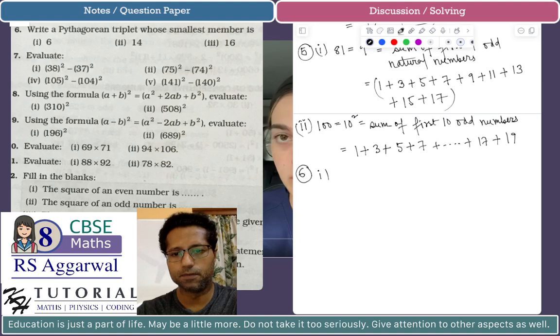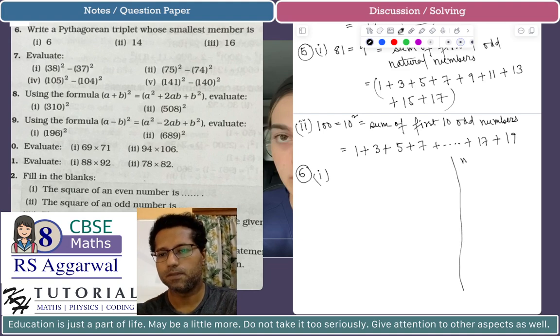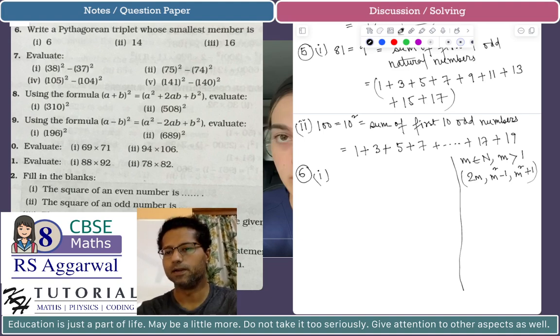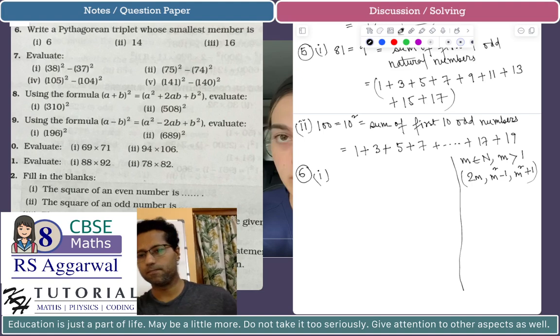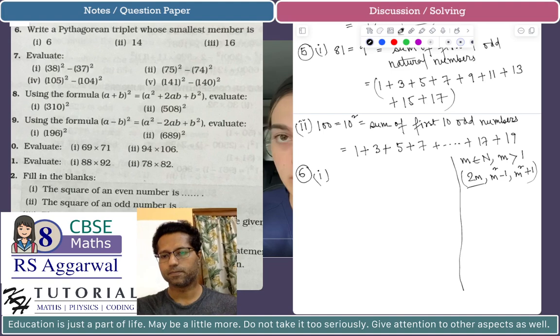Now, in a Pythagorean triplet, remember that for all natural numbers m, where m is greater than 1, we have 2m, comma, m square minus 1 and m square plus 1 as a Pythagorean triplet. Now, in these three numbers, the smallest is this 2m.